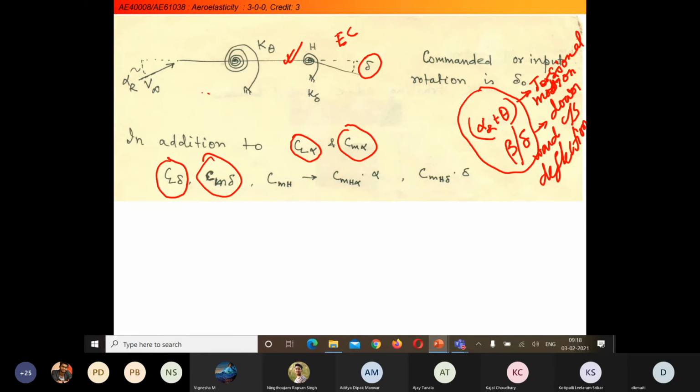We may need another two items, CMH, the hinge moment coefficient due to control surface deflection and also due to change in angle of attack. So CMH alpha into alpha, CMH delta into delta. These are the coefficients we need to know before calculating the control surface reversal.